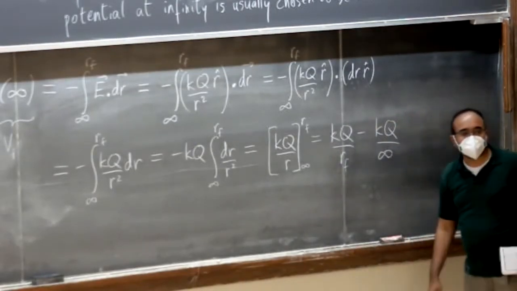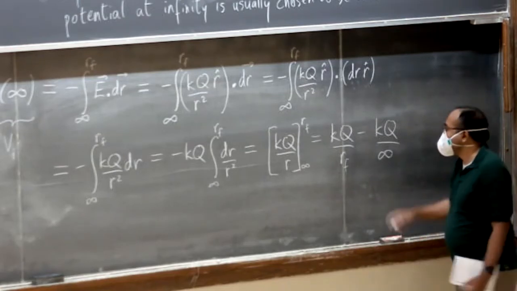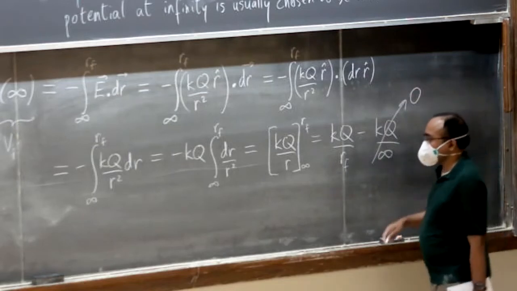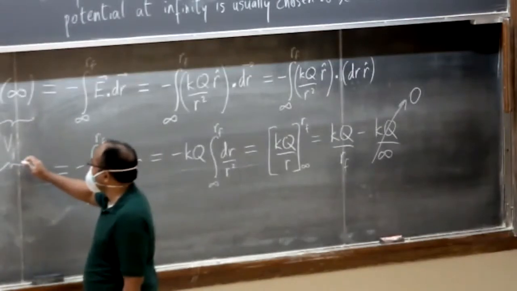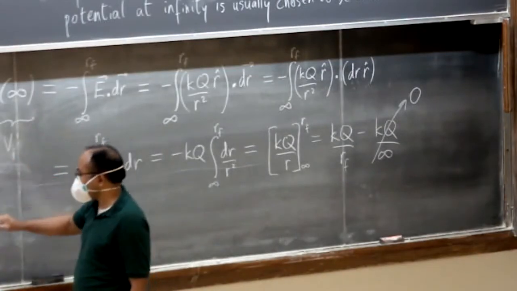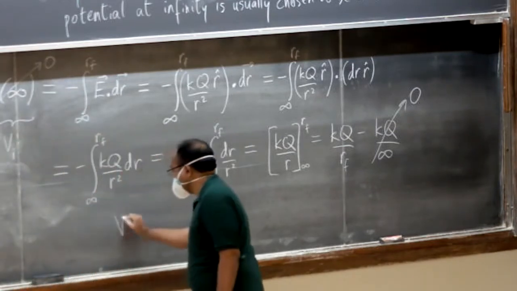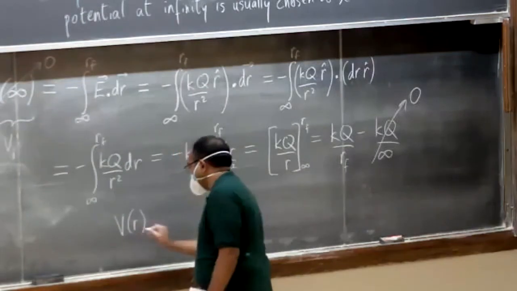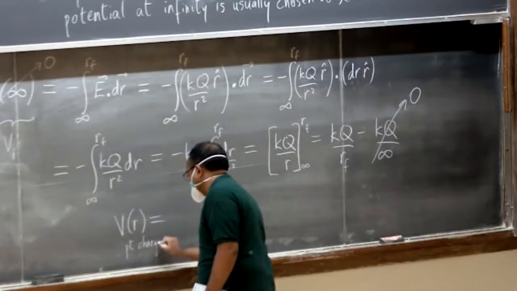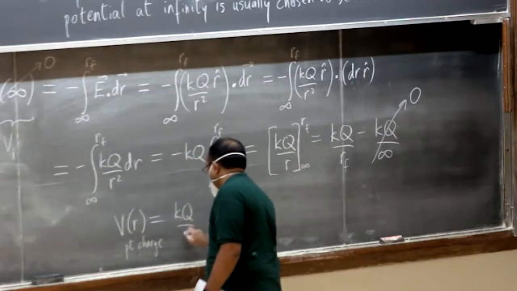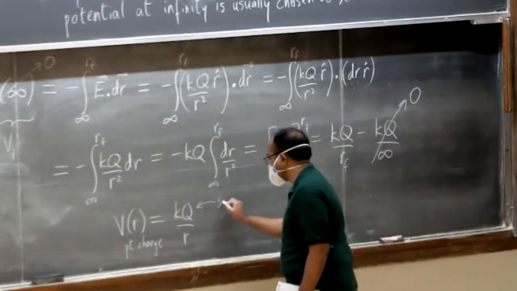But if I divide something by infinity, that's essentially zero. So this goes to zero. And we said that V at infinity is zero. So then what we arrive at is the potential due to a point charge is just kq over r. This is the source charge.